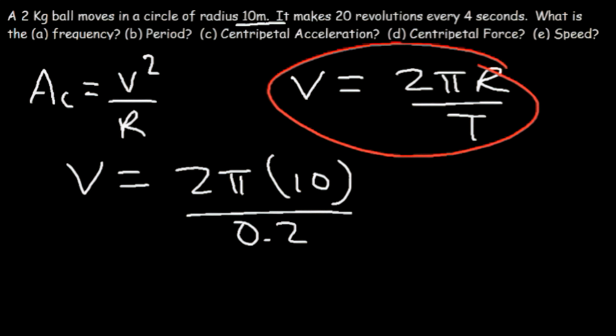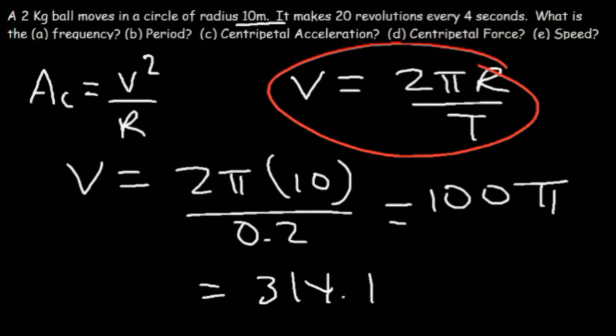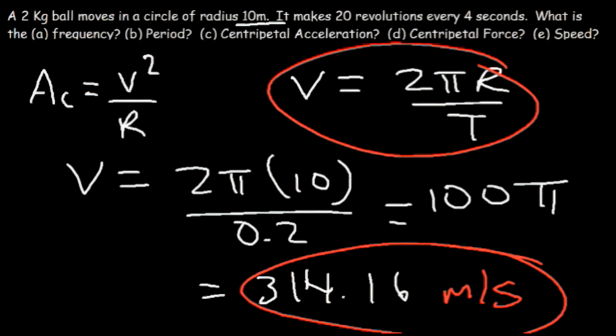Two divided by 0.2 is 10, times another 10, so this is equal to 100 pi, which is about 314.16 meters per second. So that's how fast it's moving around the circle. No wonder the centripetal acceleration was so high.